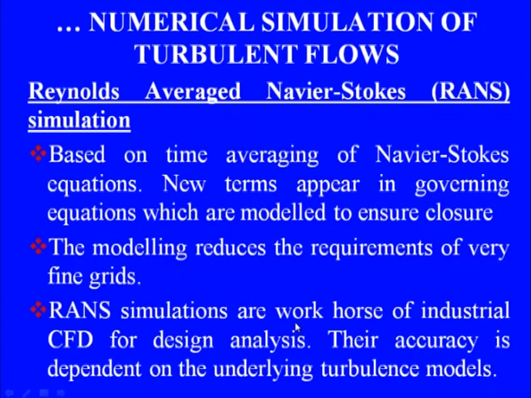RANS simulations are the workhorse of industrial CFD for design analysis. They are the only ones which have been used in industry for the past few years for design analysis, and their accuracy of course depends on the turbulence model used to ensure closure.